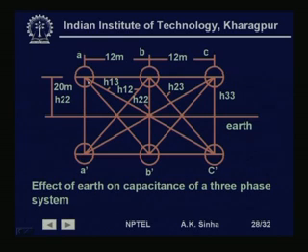So, we have the image conductor of A as A dash, which is again 20 meters below the earth. Similar for B and C, and we have the distances Hij, which is showing the distance between the conductor i with the image conductor j. So, H13 is the distance between conductor A and the image of conductor C, and so on.